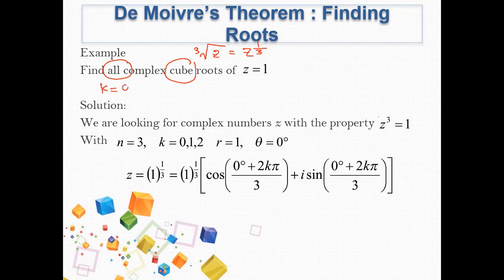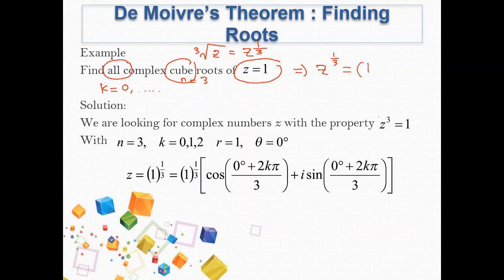Starting from 0 until how many? That will depend on your n. So this is your n. Cube is 3. So if this is your z, you need to find z to the power of 1 over 3.